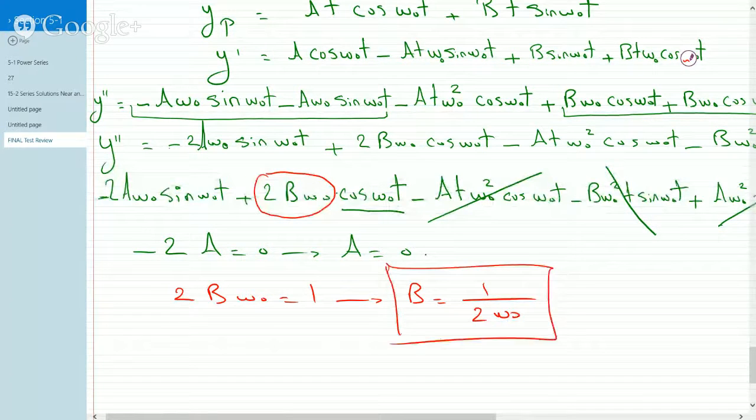And now we can take that coefficient and plug it back into our assumed solution.